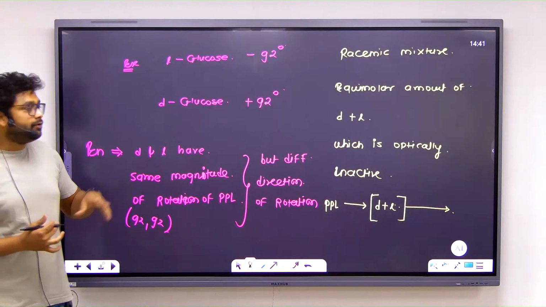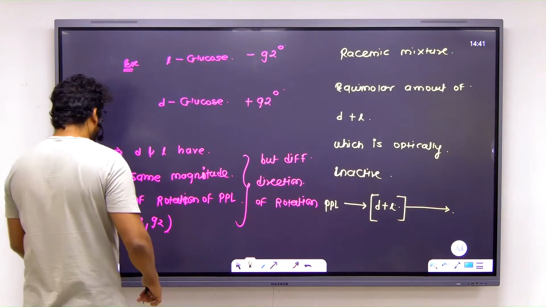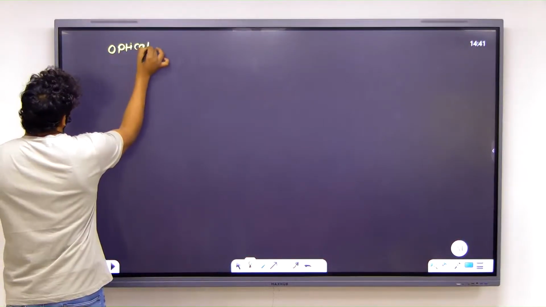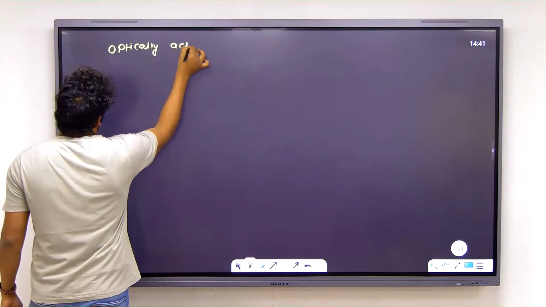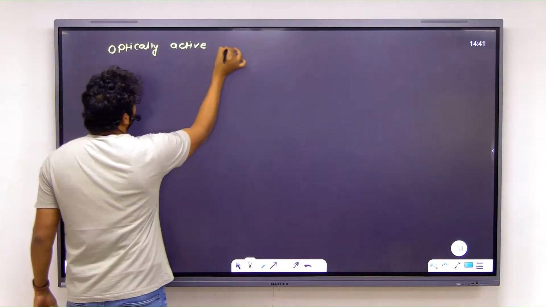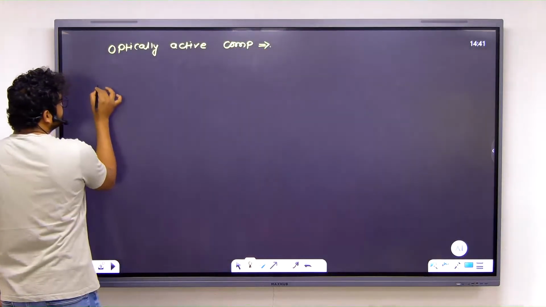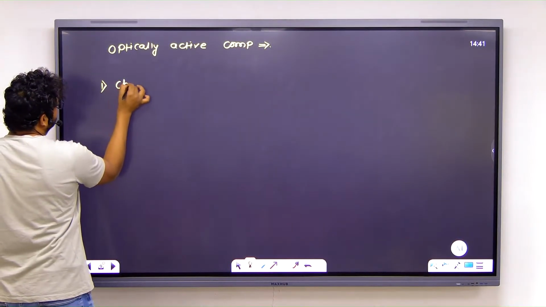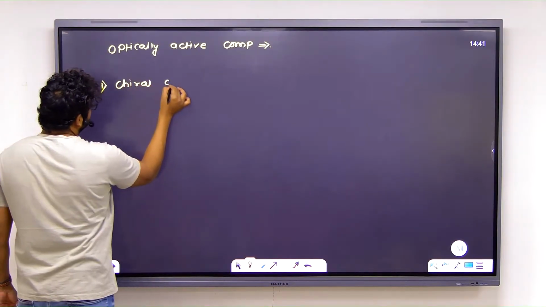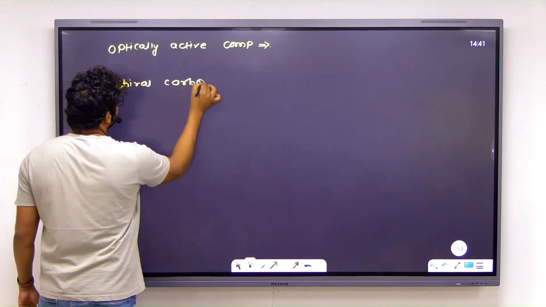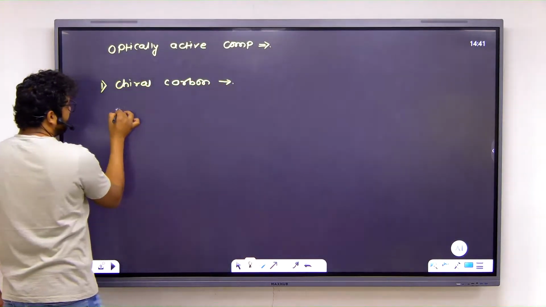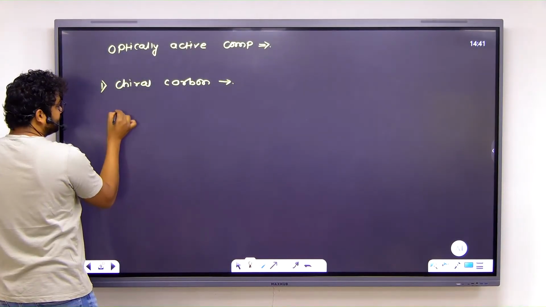ठीक आहे. मग असे कोणते कंपाऊंड आहेत that can rotate plane polarized light? What are the optically active compounds? So these compounds can rotate plane polarized light either to the left or to the right.